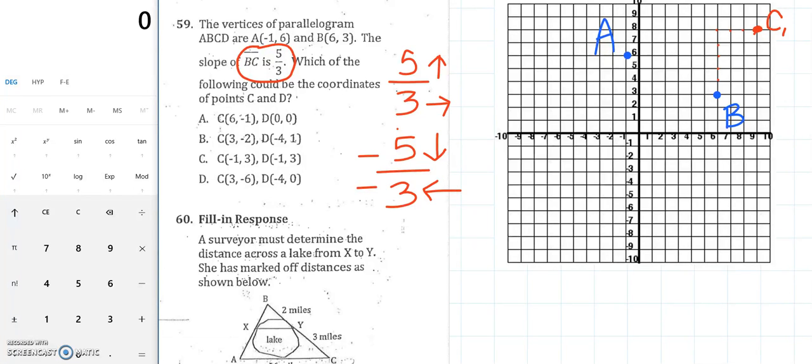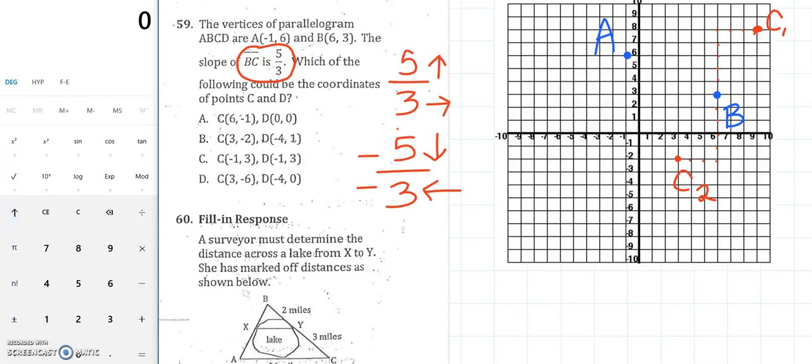I could have C going in the other direction. So if I go in the other direction, starting at B again, I'm going to go down 5. So 1, 2, 3, 4, 5, and then to the left 3. 1, 2, 3, put a point. So this could be the second location for C. Those are my two possibilities.